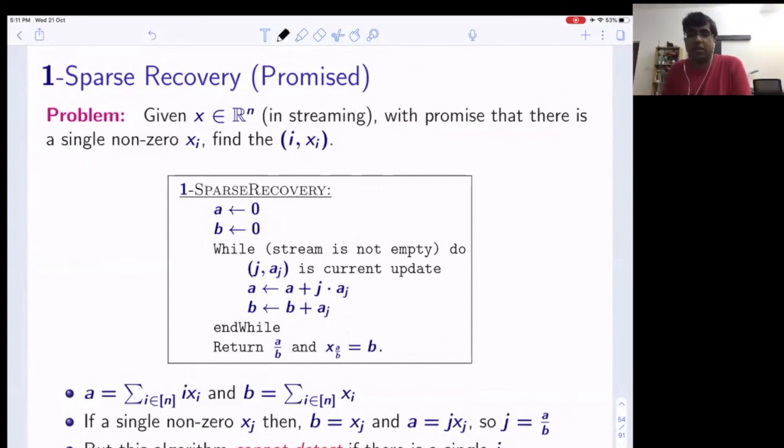But maybe I have several things put together. A and B is a sum of several coordinates, and hence, even though these premises are satisfied, that doesn't mean that I just have a single j, right? So I would like to not only recover, I would also like to detect, oh, this is a case of a single j. Okay?